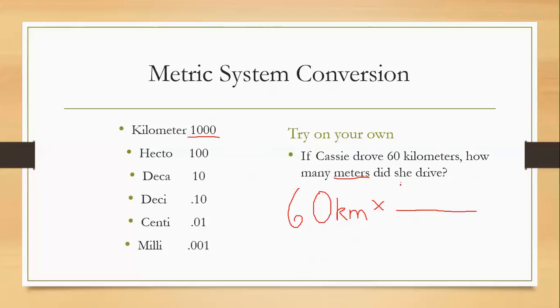So if we're expecting the number to grow, we are going to put the bigger number on top. Oops, let me fill in that 0. So this is 1,000 meters per 1 kilometer. So we can go ahead and multiply through. And hopefully you got 60,000 meters. Cramming my zeros together. Should be 1, 2, 3, 4 zeros and a 6. And then we know it's meters because we can cancel out kilometers.